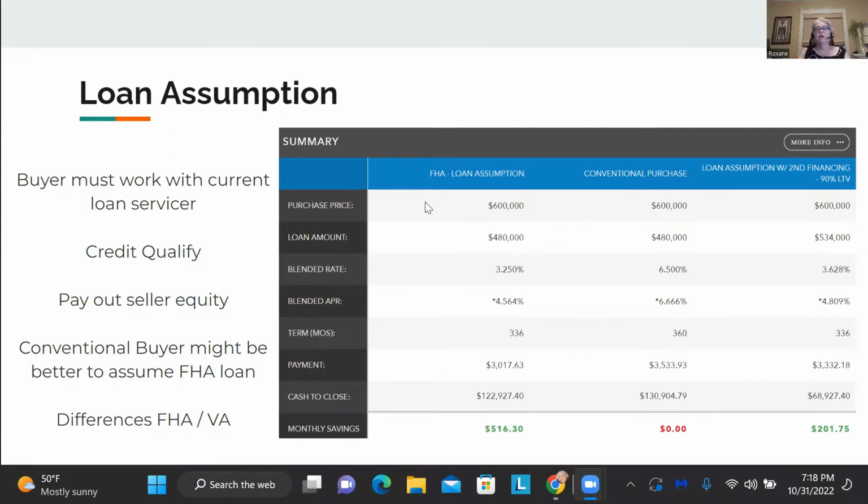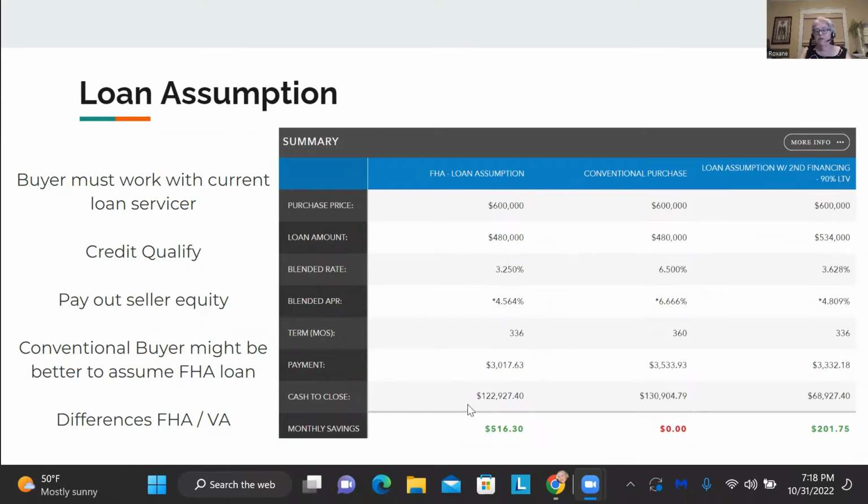Let's look at three examples here. On a $600,000 house where the loan amount on the existing loan is $480,000 and the rate is 3.25%, you assume the existing loan at its existing terms and balance, and the difference between that loan amount and the purchase price you have to bring in cash.